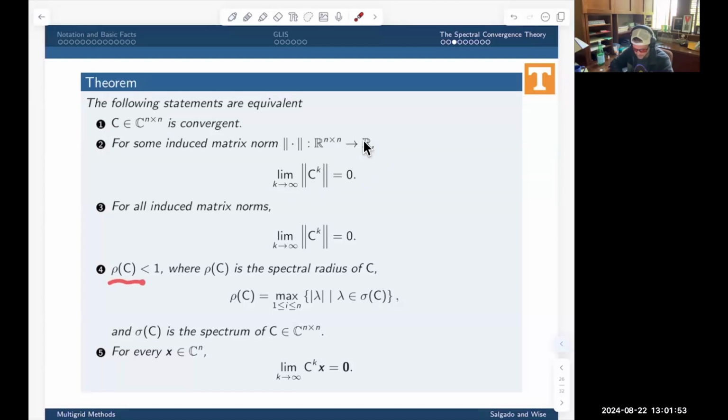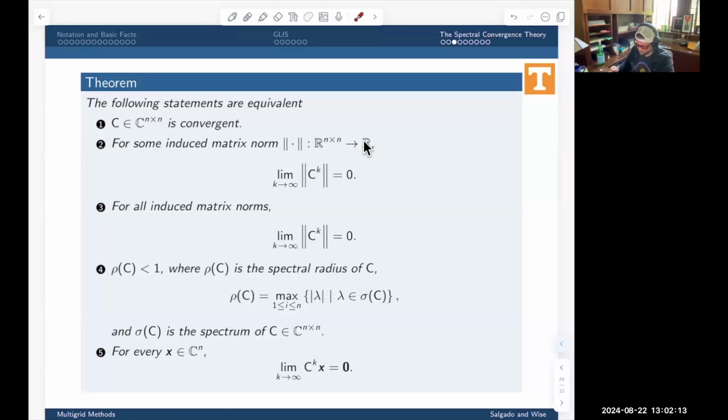The spectral radius of C is strictly less than 1. The spectral radius of a matrix C is defined as the maximum of all of the eigenvalues in modulus, so the maximum modulus of all possible eigenvalues.